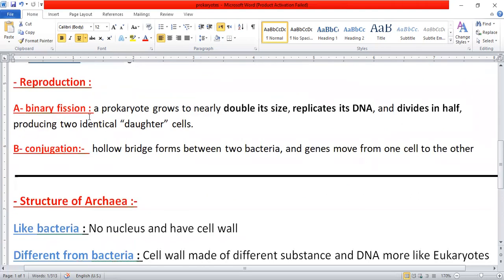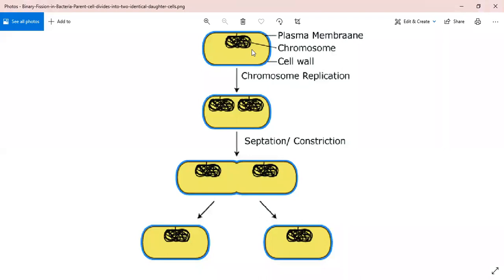Okay. Now to the next point: how do bacteria reproduce or make other bacteria? We have two ways here. The first way, bacteria undergo something called binary fission. Bi means two. Fission means splitting. So it means splitting into two. The bacteria grow in size, then replicate their DNA, then split into two identical bacteria.